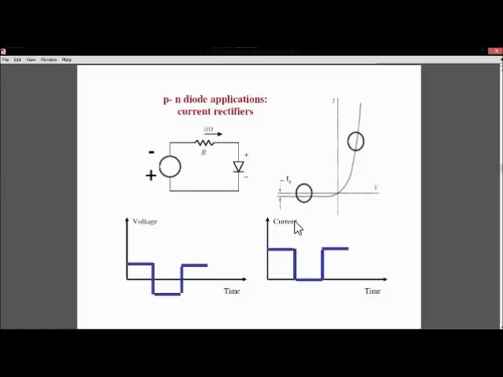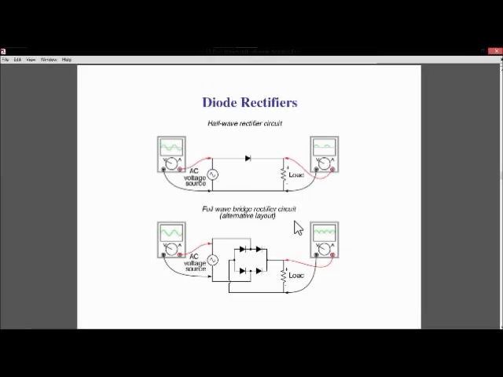Now there are several uses of diodes, which we will read about in detail in the next video: half wave rectifier, full wave rectifier, clipper, clamper, etc. So these are just pictures of how the diode can be used as a half wave rectifier.